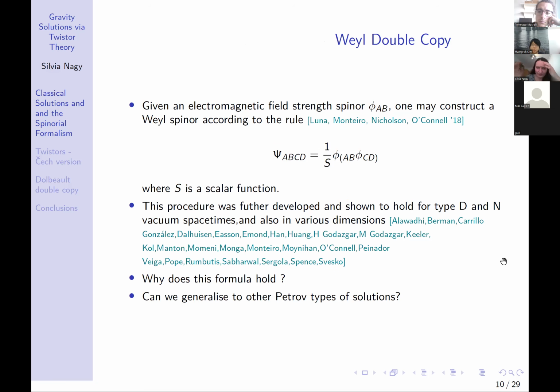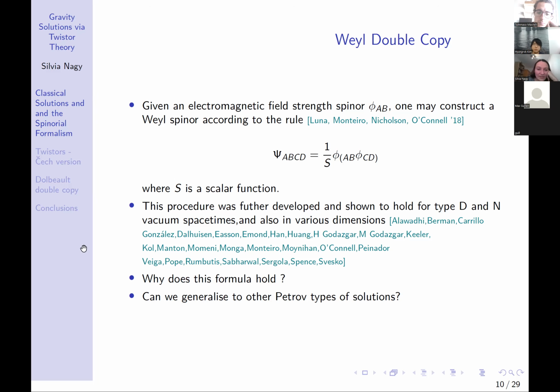This definition was further developed and shown to hold also for type N and in other dimensions, adding mass. I think we will hear a few more talks later today and also tomorrow about various formulations of this Weyl double copy. One thing I wanted to mention: this holds non-perturbatively, but not for general solutions, of course. For certain types of solutions it works non-perturbatively, but alternatively, one might also imagine linearizing these solutions.